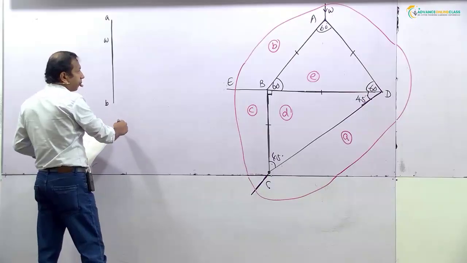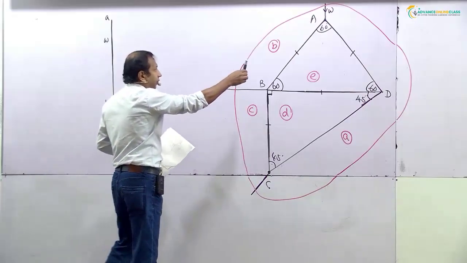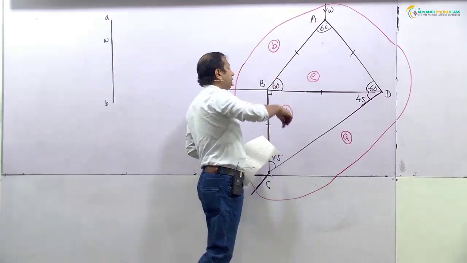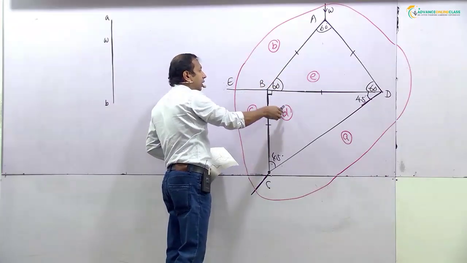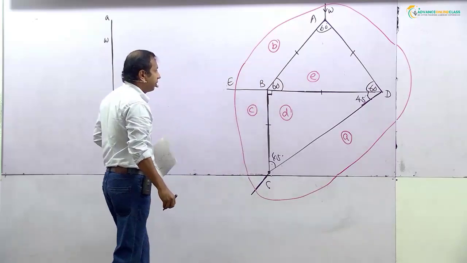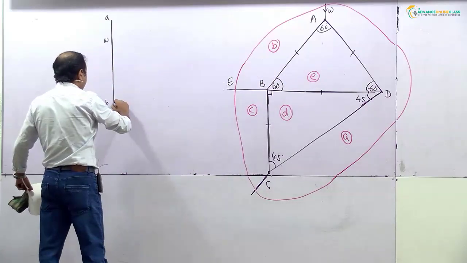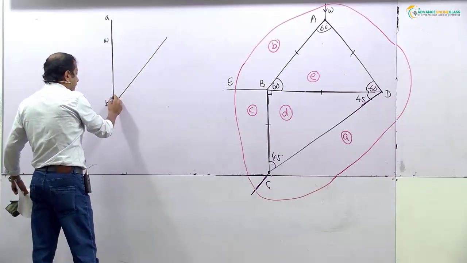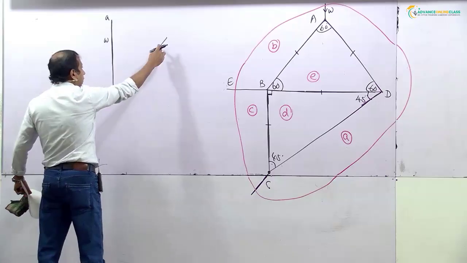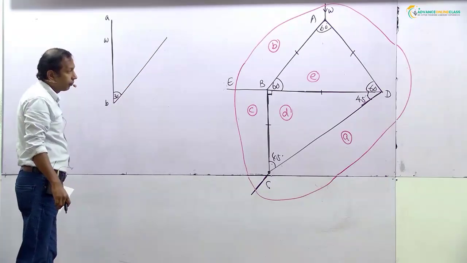To represent the force in the rod AB, we must draw the line BE parallel to AB. That means making 60 with the horizontal like this. 60 with the horizontal means 30 with the vertical. Somewhere on this line, we should have point E.